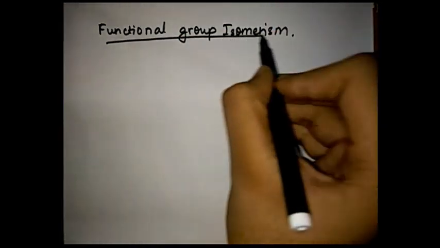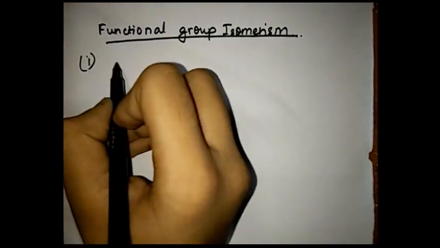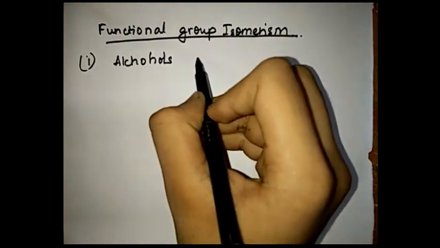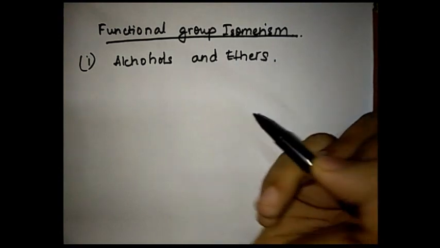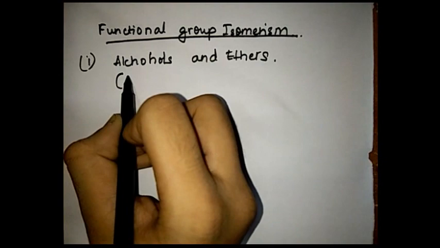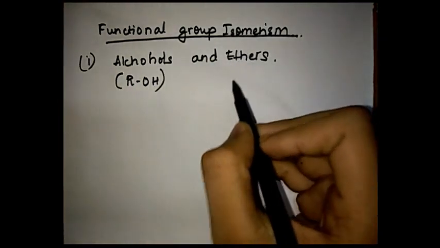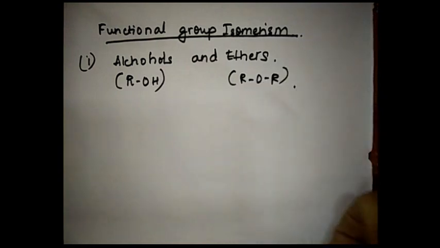To make this functional group isomerism easy, we have divided this into 4 subtypes. In the first subtype, we have kept alcohols and ethers. We have done so because, generally, if we represent alcohol, it is ROH, and if we represent ether, it is ROR.